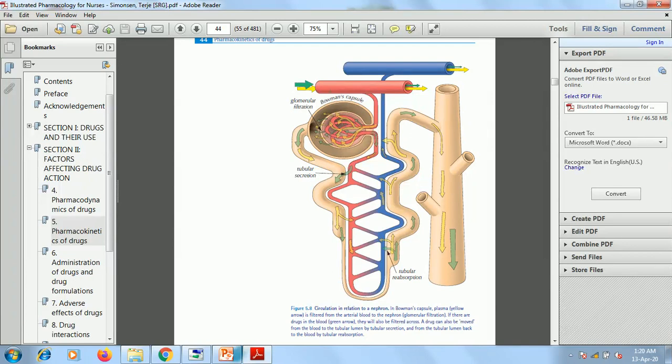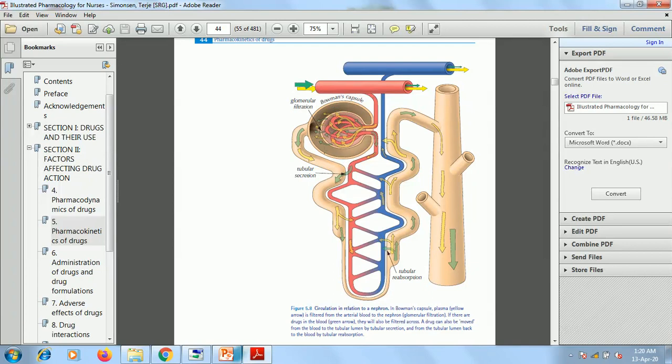The peritubular capillary comes around this. Now you can see the blood here. It is coming towards the kidney, while this is away from kidney. The deoxygenated blood is away from kidney, and this is oxygenated blood coming towards the kidney.